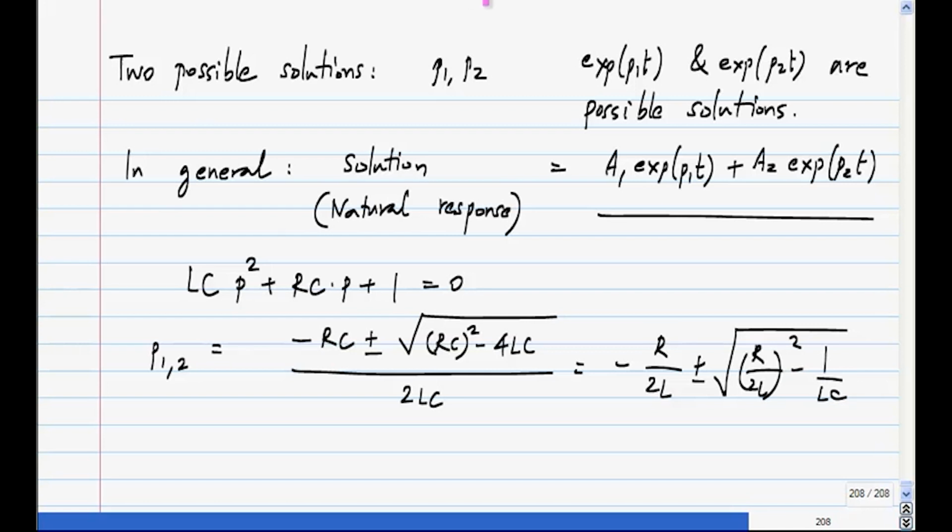So both P1 and P2 are real, in which case you simply get these two distinct exponentials.